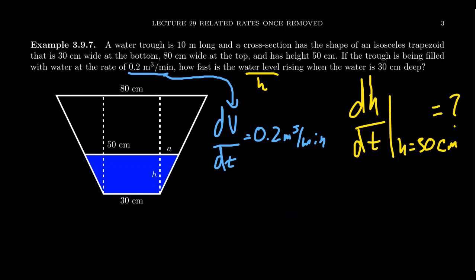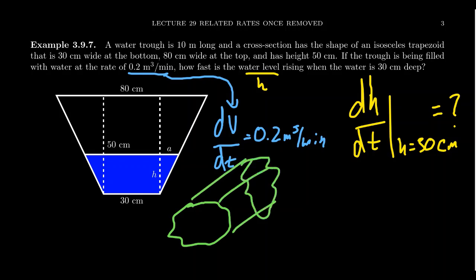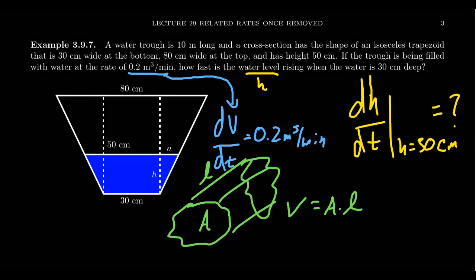In general, if you have some type of prism, it doesn't matter how complicated the face is. If you stretch this face in the third dimension, the volume of the prism is just going to equal the area of a single face times the length of the prism. Area times length gives you the volume of a prism. That applies to a cylinder, which is a circular prism, a rectangular prism, a triangular prism, or in this case, this water trough, which is a trapezoidal prism.